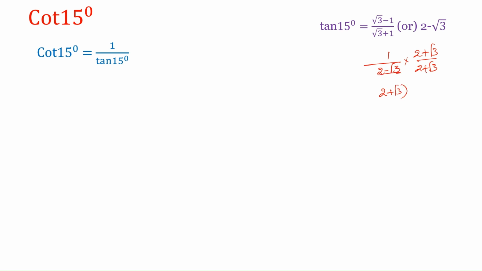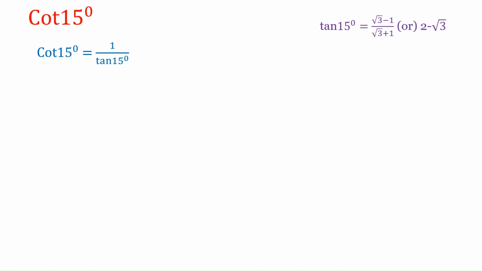This is again like a minus b into a plus b, where a is 2. So 2 square minus b, which is root 3 whole square. Now 2 plus root 3 upon 2 square is 4 minus root 3 whole square is 3. 4 minus 3 is 1. This gives us a value of 2 plus root 3.